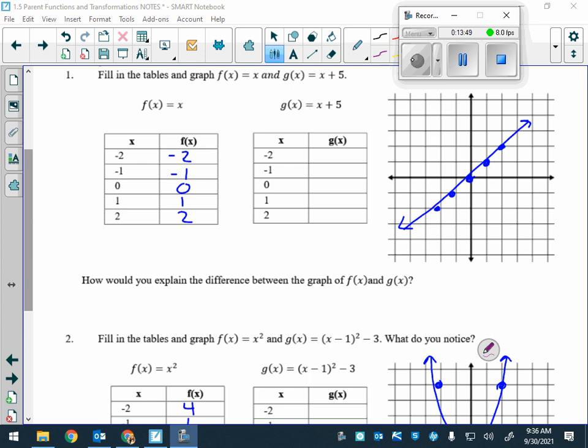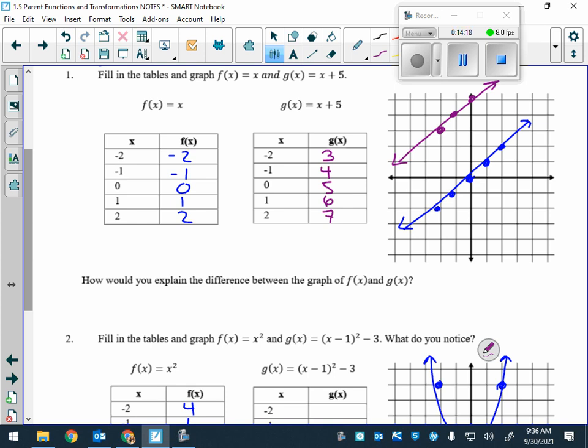So this first one, we have a linear function, then we have g of x equals x plus 5. What are my new g of x values? Charlie? 4, 5, 6. So if I go ahead and plot those, I know sometimes they'll be off the graph. Those are our new values.